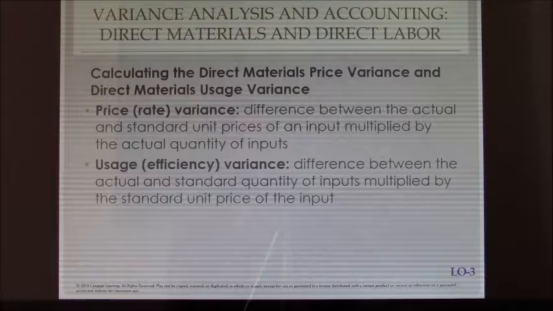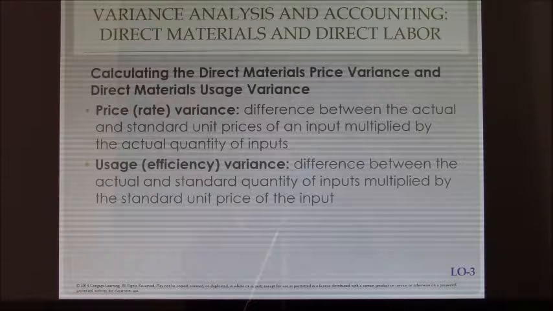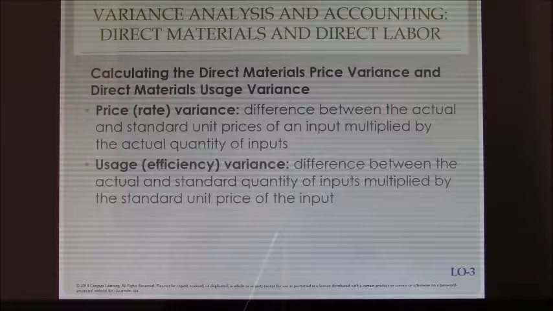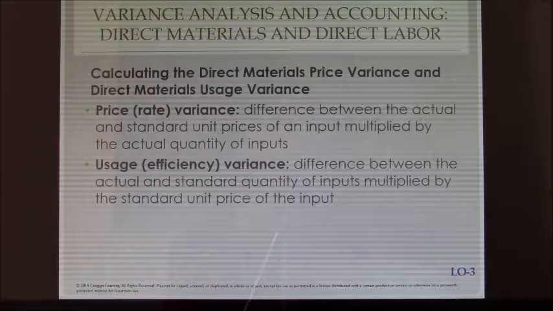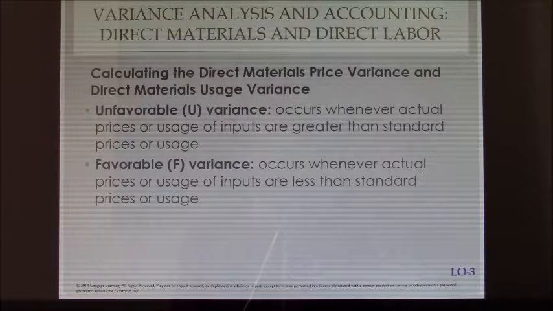How do we figure out whether the reason we paid more or less was price or efficiency? I guess you could have had better strawberries and used fewer of them, or paid less for them. So you can figure these out, and you'll figure out if they're unfavorable or favorable.